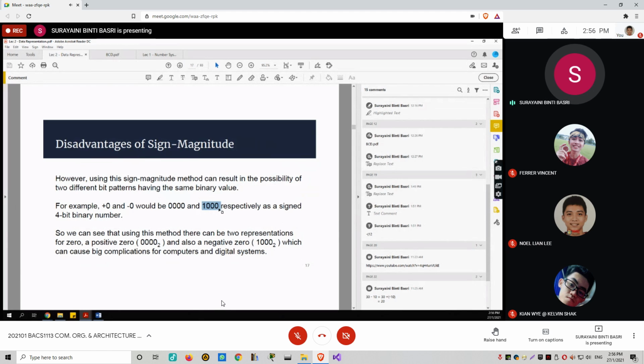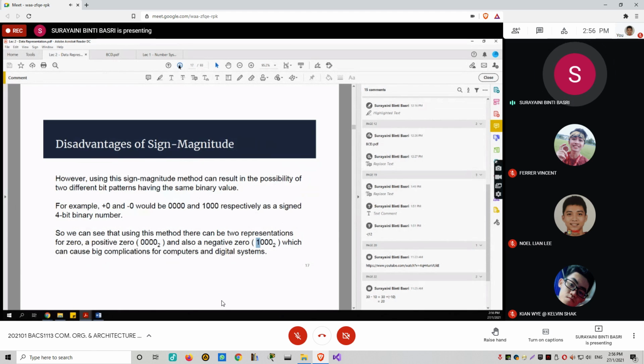So you can see the problem: there will be two different bit patterns for 0. So that's why we have positive and negative 0. That is the problem. Using this method, there are two representations for 0, a positive 0 and a negative 0, which can cause big complications for computers and digital systems. So we cannot use this method.